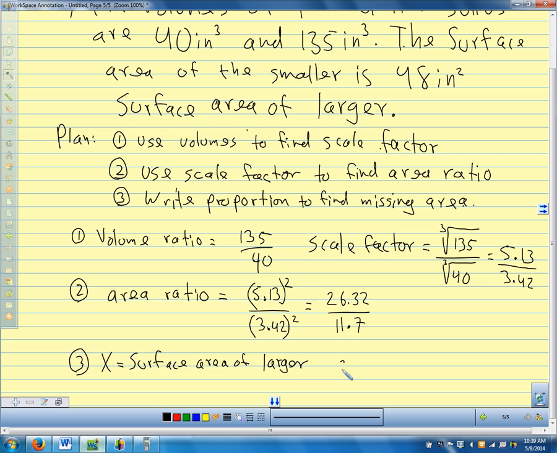So our area ratio is X over 48. And that has to equal the area ratio we get from squaring the scale factor. That equals 26.32 over 11.7.